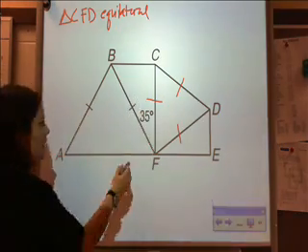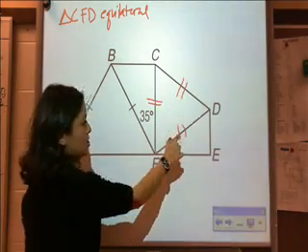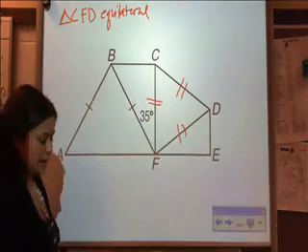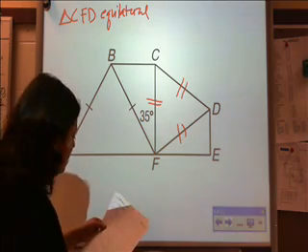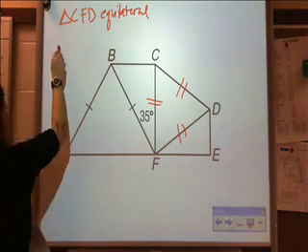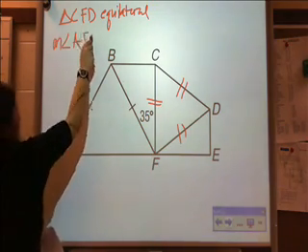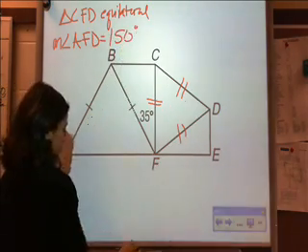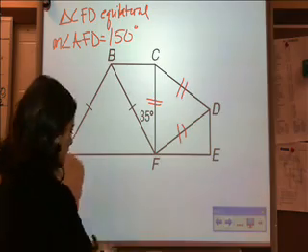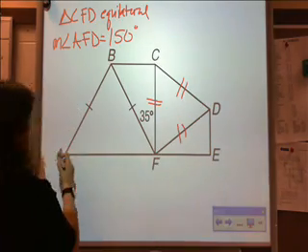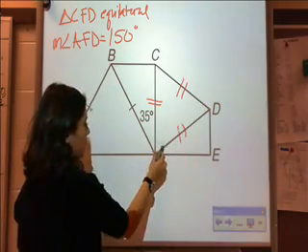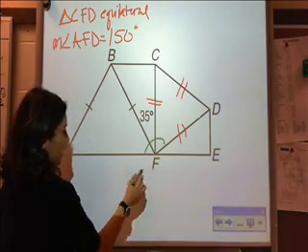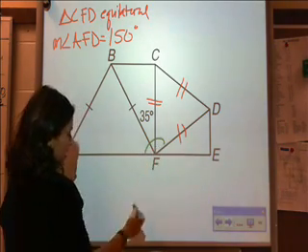So CFD is equilateral. I'm going to make these two, since I've already used one tick mark there. And another thing that we've been given is that the measure of AFD equals 150 degrees. So AFD, all of this, green, is 150 degrees, okay?